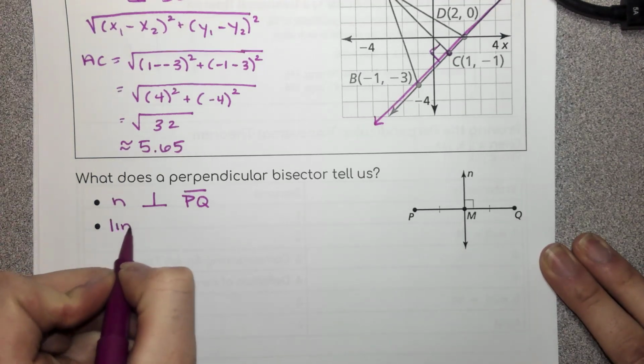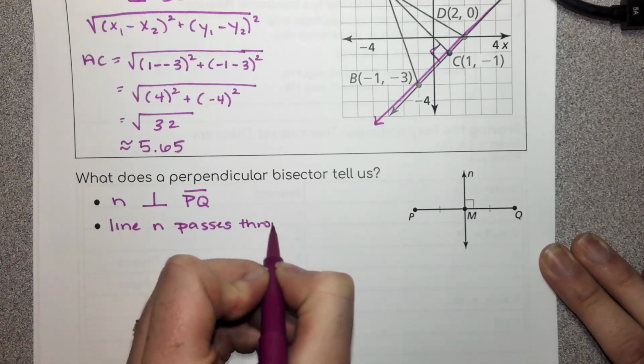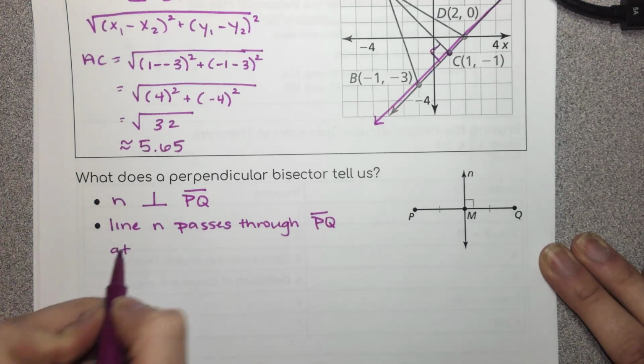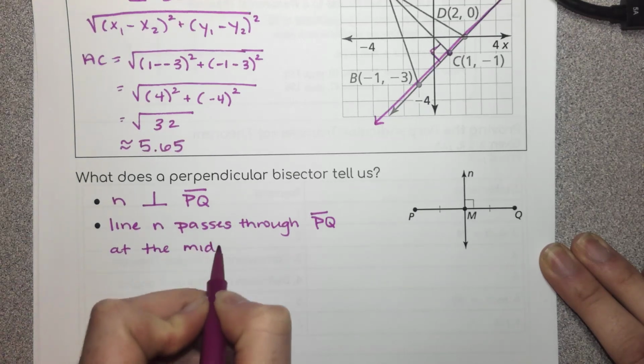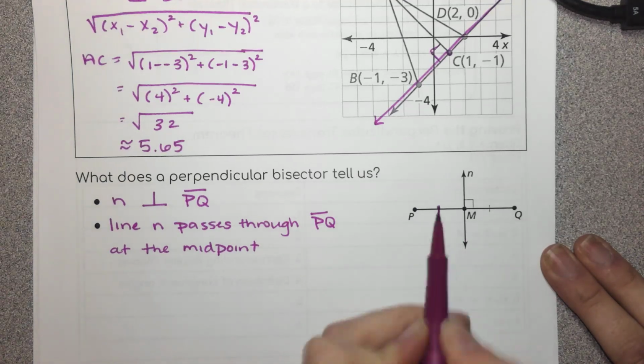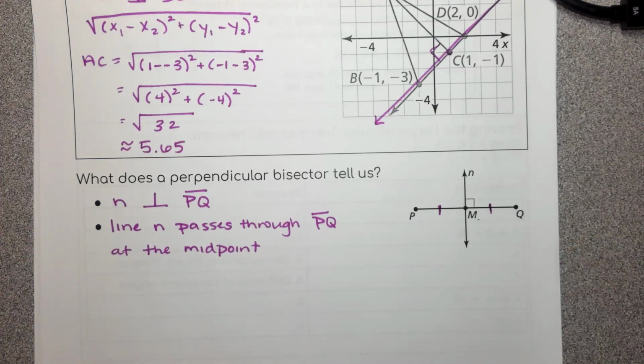So I'm going to say line N passes through PQ at the midpoint, which gave us those two equal parts, so that we know PM is the same as QM, which is going to be a very helpful thought later on. So remember, if you're told you have a perpendicular bisector, you know it splits the other line into two pieces, and it meets at 90 degrees. Those are the two key factors.